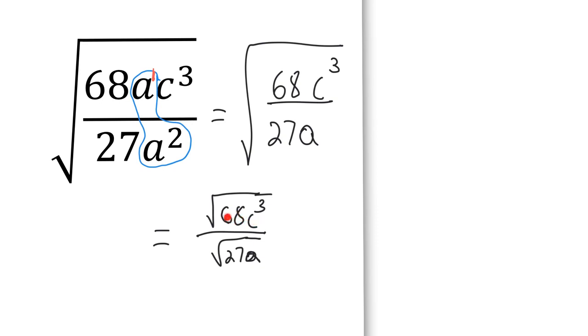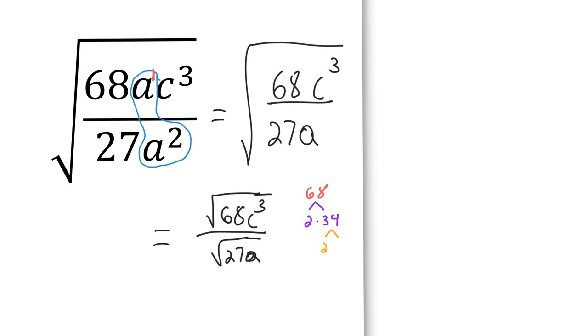So let's go ahead and simplify the top first. I can break down the 68 and I can expand the variable. So let's look at the 68 first. I'm going to put 68 on the side. So let's see, two numbers that multiply to 68. Well, that's an even number. So 2 times 34 is 68. And I can break down the 34. 34 is also even.